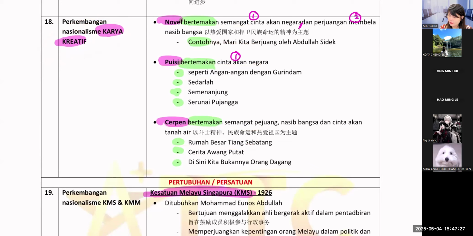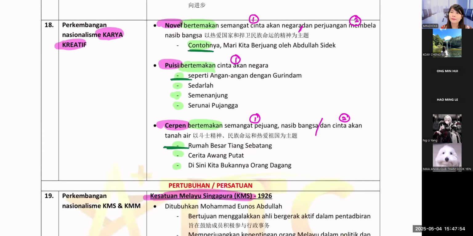Tema 1: Semangat Pejuang, Nasib Bangsa, and Cinta Akan Tanah Air. Tema 2. Like this. Then you can give one of the contoh, that's already enough. Depends on what you choose.